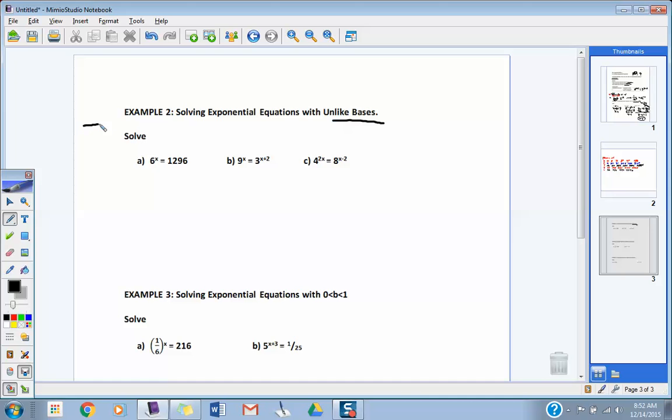Let's see if we can rewrite the problem with the same bases. That would be a good idea. Anytime you have unlike bases, for example, in this first problem, letter A, I have 6 to the x equals 1,296.